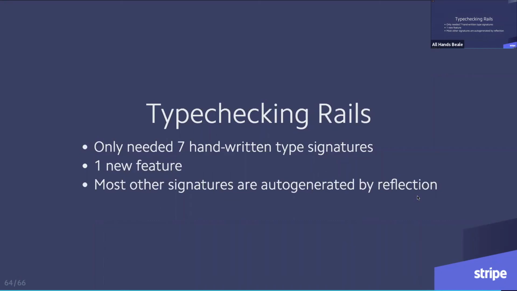Type checking Rails was interesting because it's a big code base and a big new way of writing Ruby that's dissimilar from ours. And we were very concerned it would be hard to type. It proved that we needed to build a single feature to support it. This hasn't been used at Stripe before, but later we actually found some uses for it at Stripe. The feature is actually quite interesting if you're curious about the details.